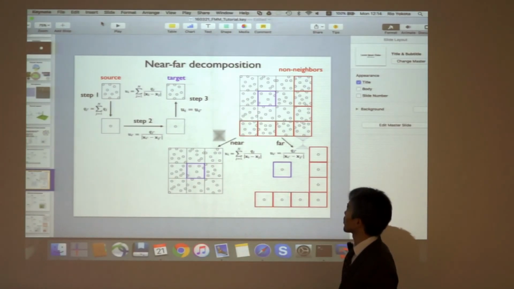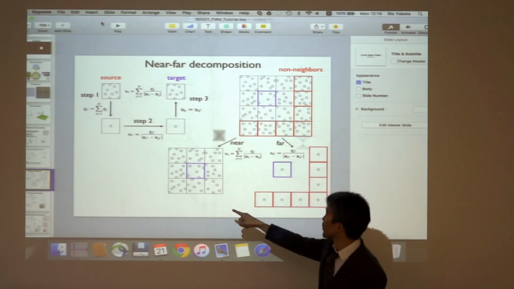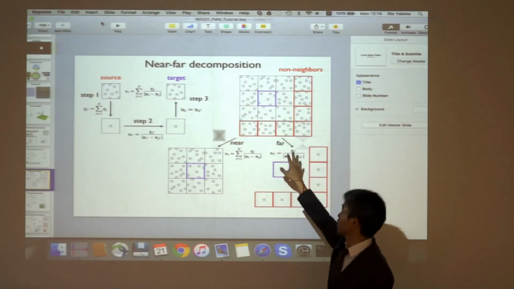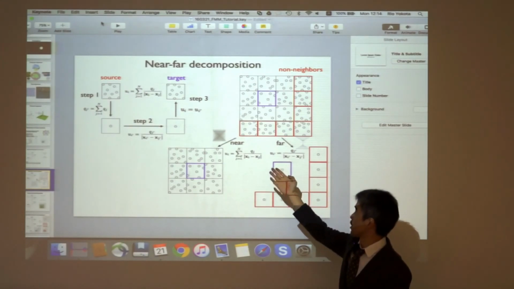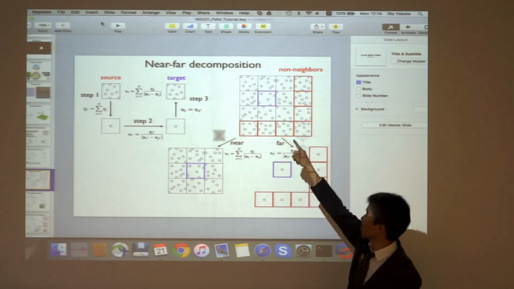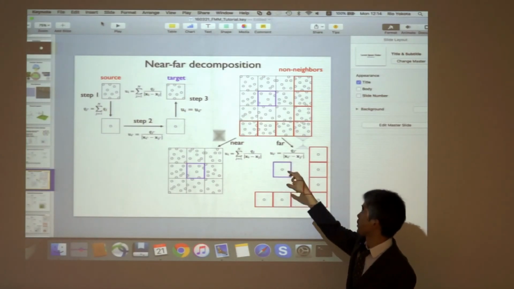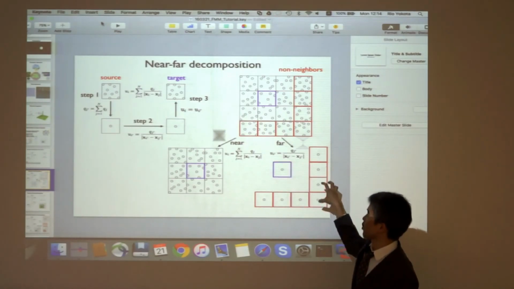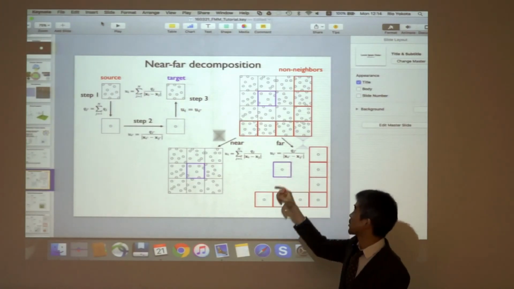So what would be the best way to do this? I think we can number the boxes. The picture is in 2D, but actually we are now working in 3D, so you will have 4 by 4 by 4, 64 boxes, each with maybe 10 points.